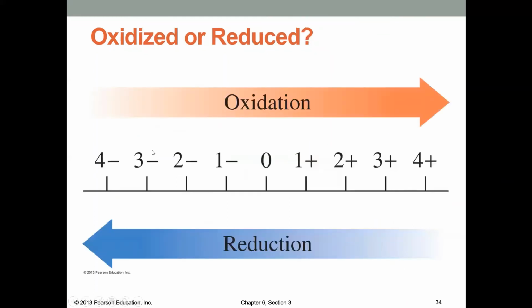So if it helps, think of a sliding scale. Anytime we go from negative to neutral or neutral to positive, moving in the right direction, it is being oxidized. Anytime we go from positive to neutral or neutral to negative, going in the left direction, we are going under reduction.